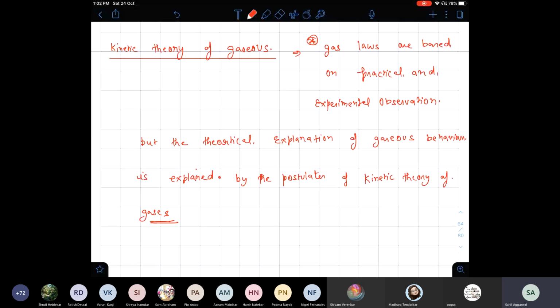What we have seen, that we have made the laws. But the theoretical explanation was given by the postulates of kinetic theory of gases. Copy it fast.